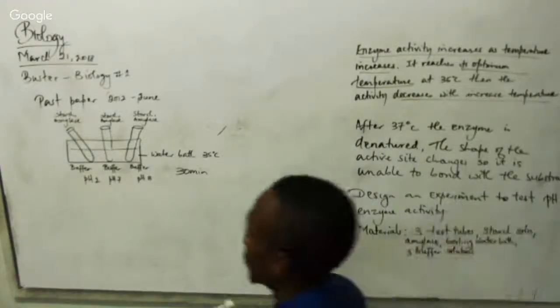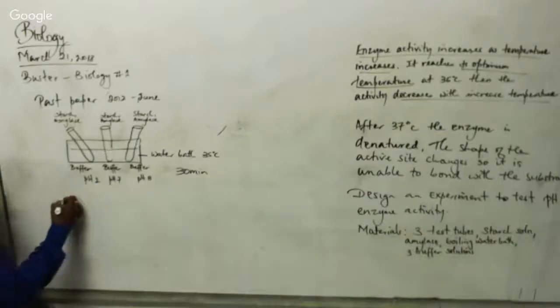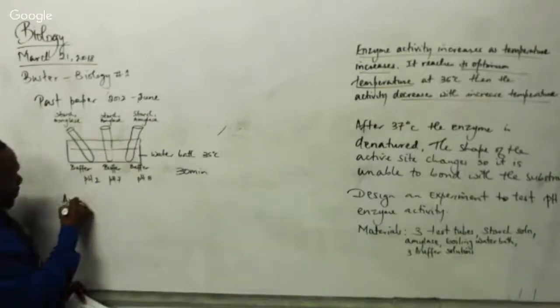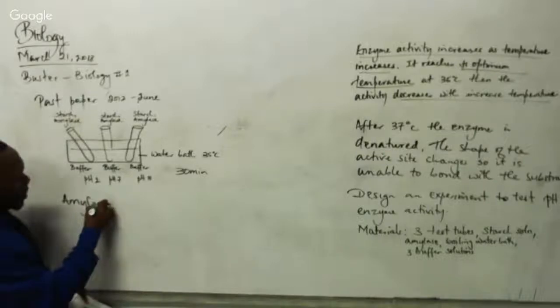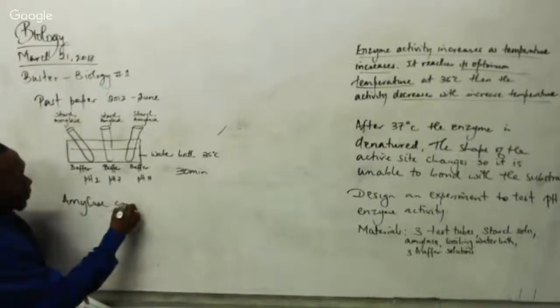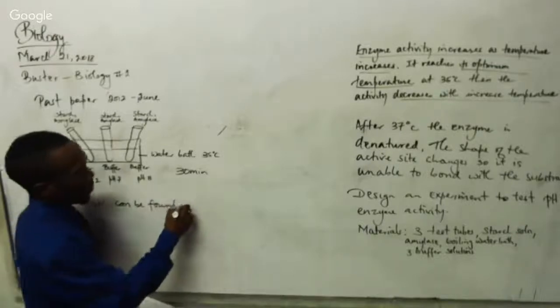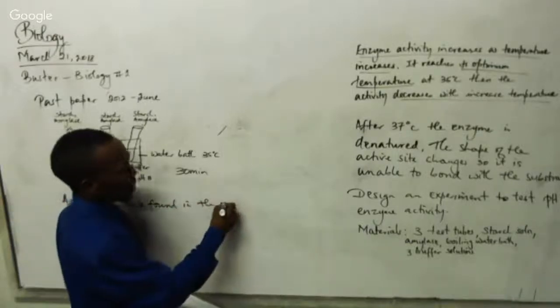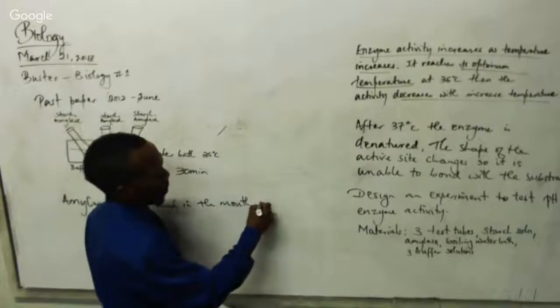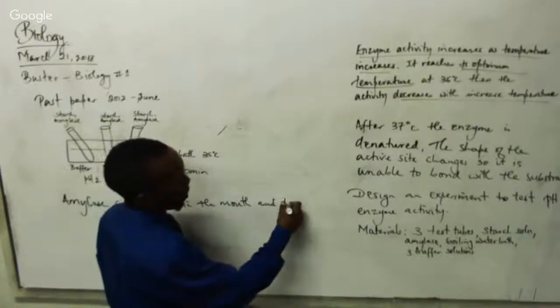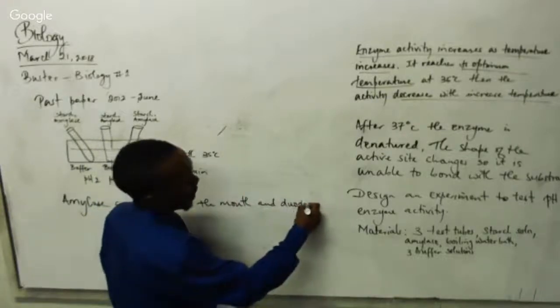Small intestine is more appropriate. So amylase can be found in the mouth and duodenum.